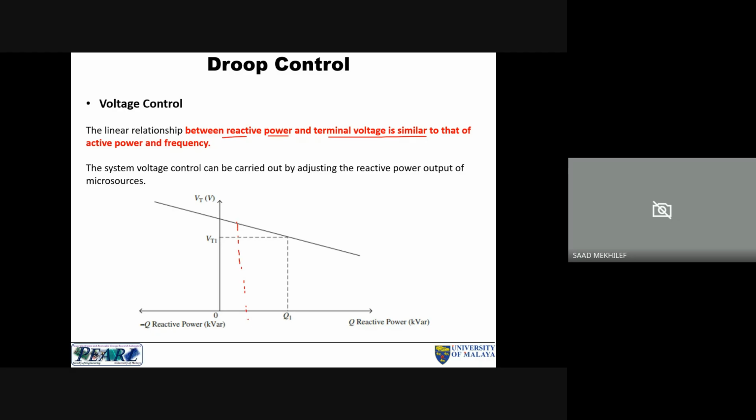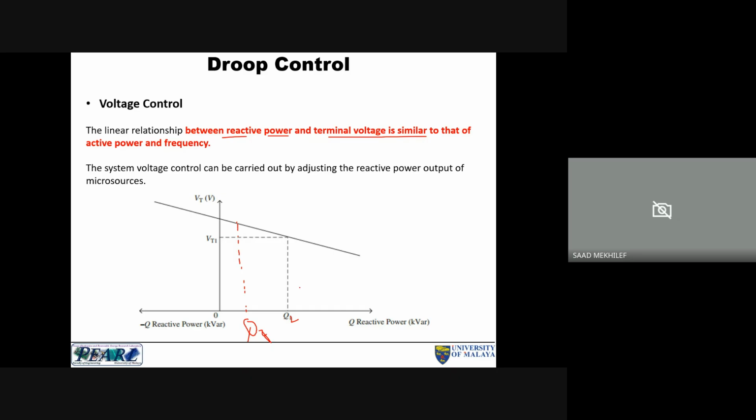This is Q1 and this is Q2. So Q2 minus Q1 equals the slope times V1 minus V2. This is the basic formula for the droop control.